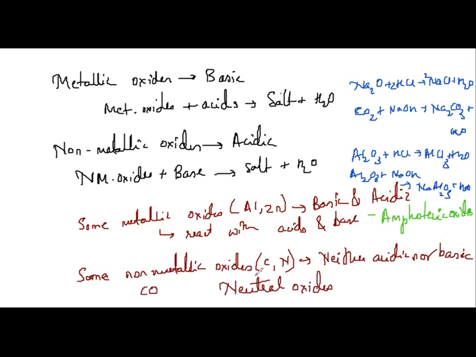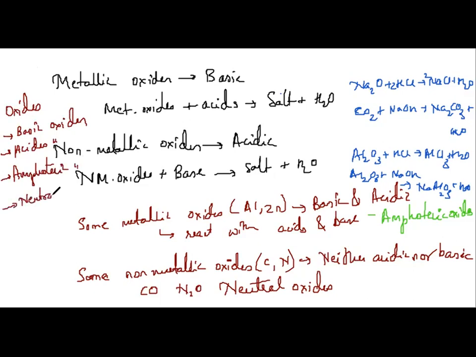Example, carbon monoxide. Carbon dioxide is acidic. In carbon also, not all oxides are the same: carbon dioxide is acidic, N2O is neutral. So under oxides, we have 4 types: basic oxides of metals, acidic oxides of non-metals, amphoteric oxides of some metals, and neutral oxides of some non-metals.